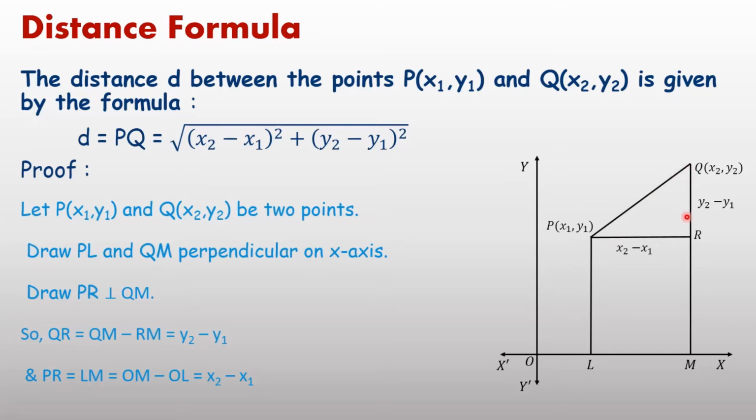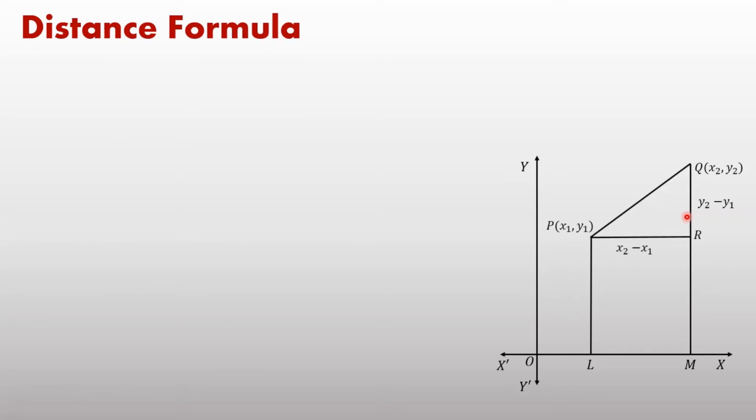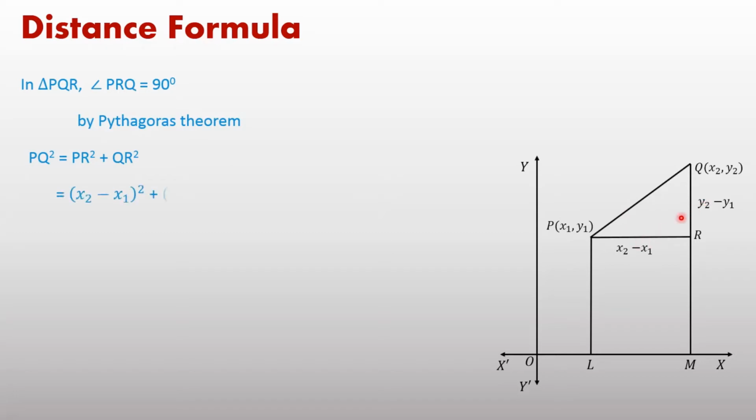Now easily you can observe, in next step, we can apply Pythagoras theorem in triangle PRQ. In triangle PRQ, since angle R is equal to 90 degree, therefore by Pythagoras theorem, hypotenuse square equal to base square plus perpendicular square. Put the value.